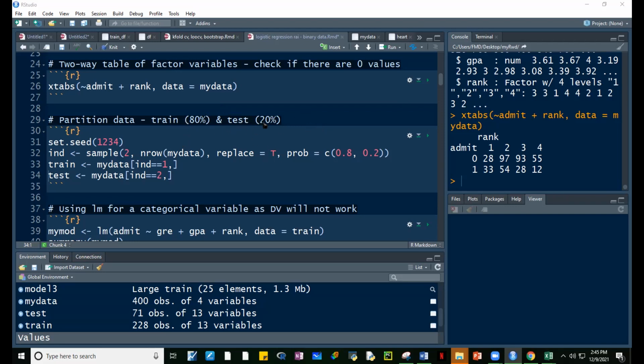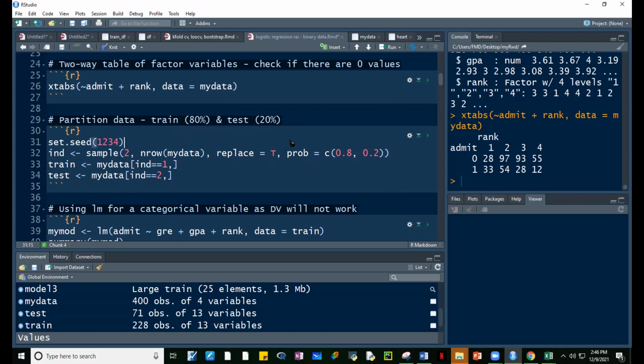So I won't discuss this so much because this was already discussed last time. This is just a very quick review. Now 80-20, where did we get this? This is usually standard. If your data is quite small, in this case our data is 400, that's relatively small. We give a big percentage to the training data and a smaller percentage to the testing data.